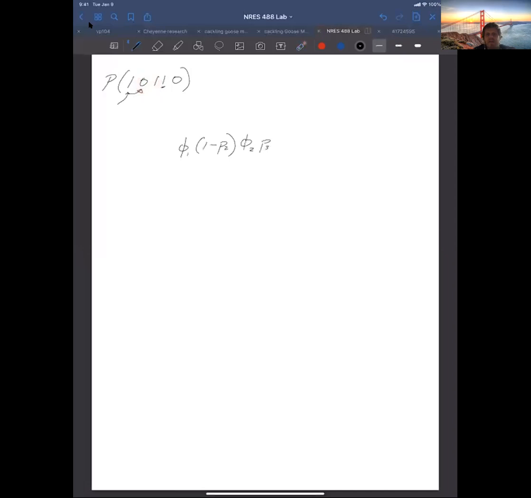Not always, but conventionally, that's the conventional notation. You can define it however you want, but this is how it's typically done. And then we know it also survived from here to here, so that is phi 3, and then we saw it in that time period, phi 4.